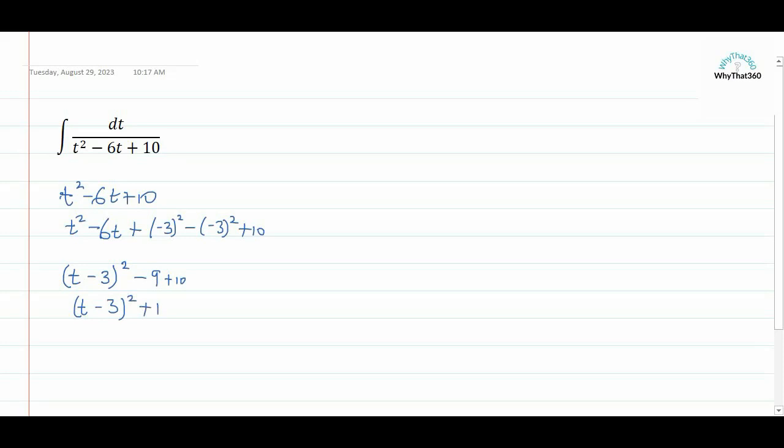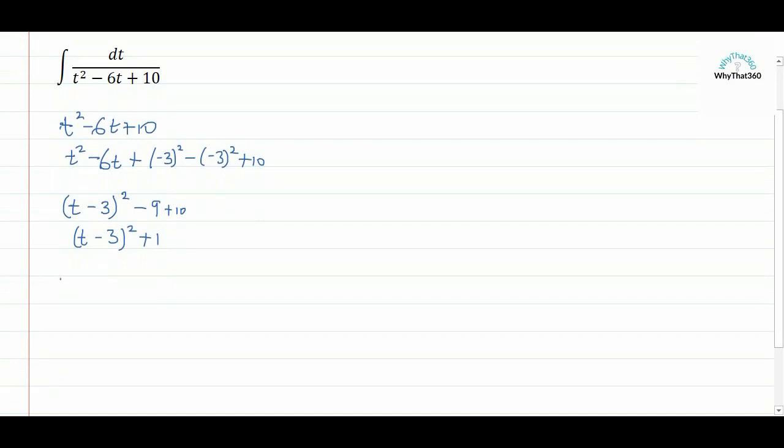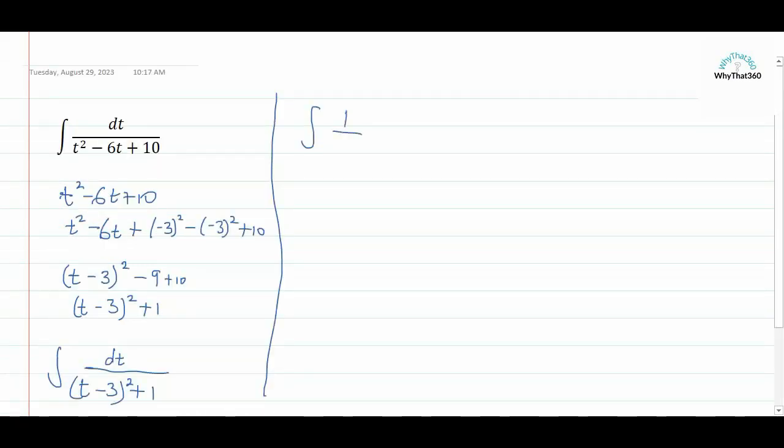That means when we come to the question, we can rewrite it as the integral of 1 on top, and the denominator can be rewritten as t minus 3 all squared plus 1. At this point we can do what we want: 1 out of t minus 3 all squared plus 1, dt.